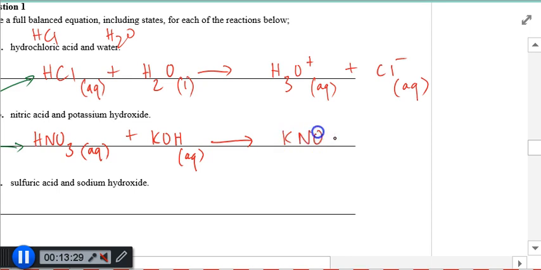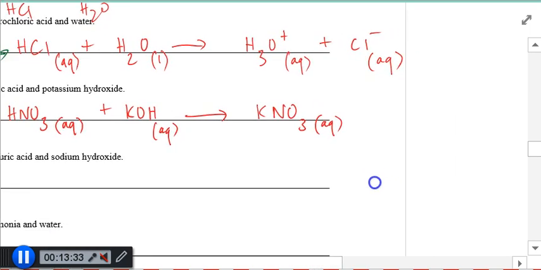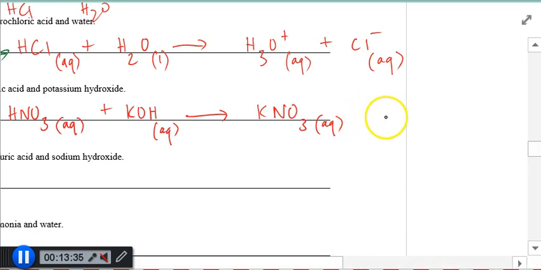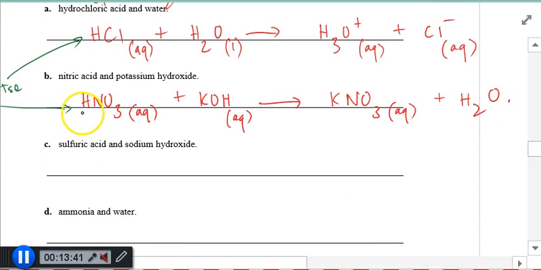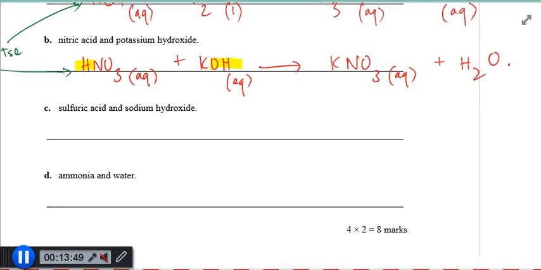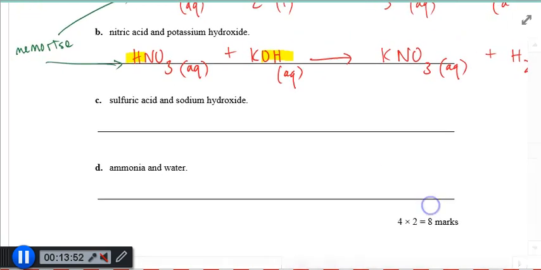So here we produce, this is your typical acid-base reaction producing a salt. The salt here is potassium nitrate, and water. The proton in HNO3 and the OH from KOH combine to make H2O. And then the salts just stay aqueous, so they're spectators really.